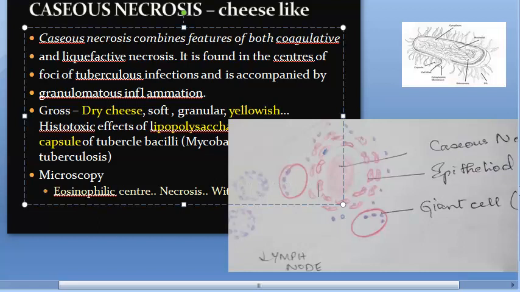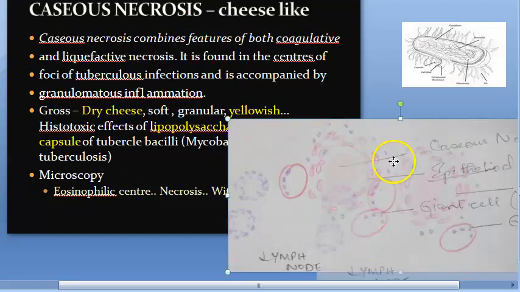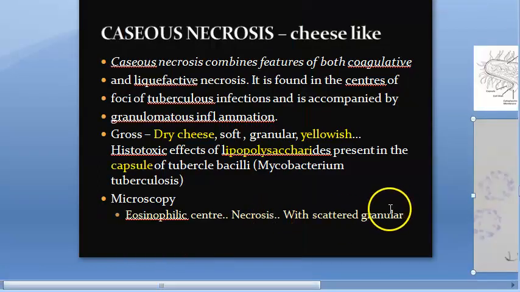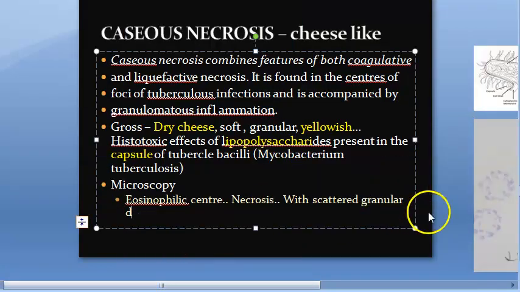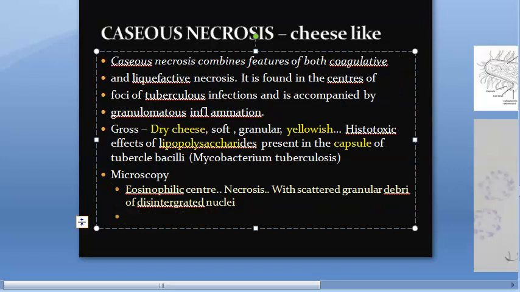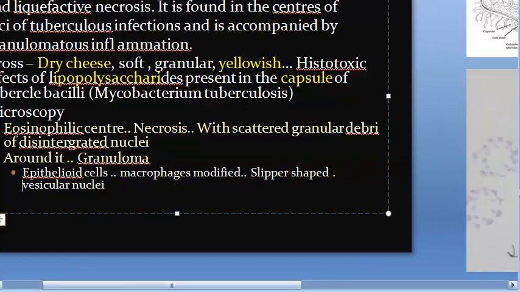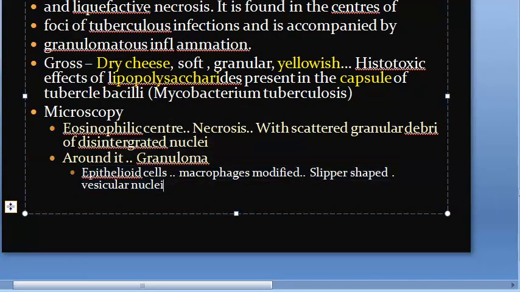Scattered granular debris of disintegrated nuclei. Okay. Then around it we have the granuloma, in which you have the epithelioid cells, which are nothing but modified macrophages, which are slipper shaped, having vesicular nuclei.